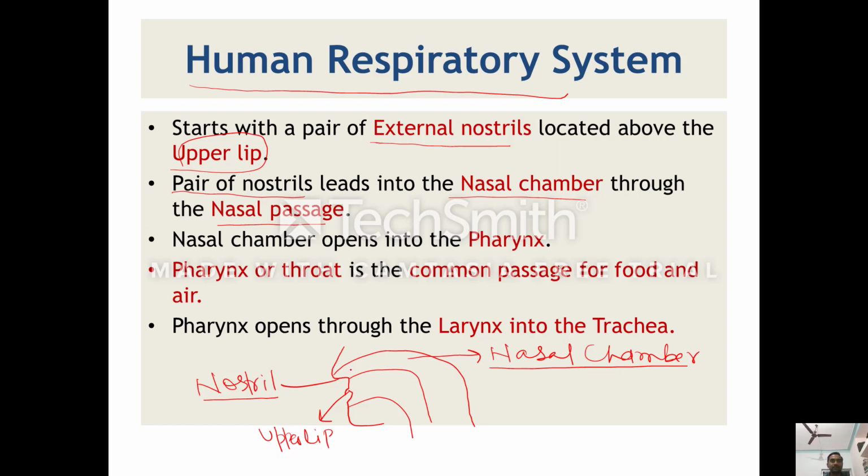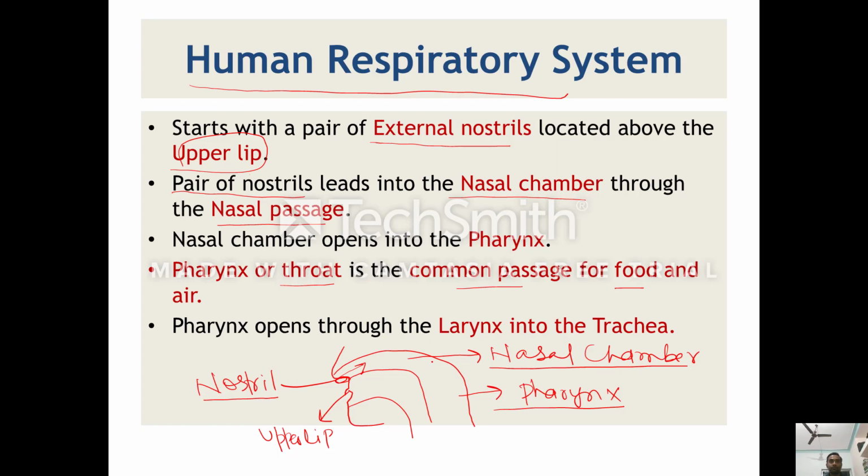The air enters from the external nostril into the nasal chamber, and here there is an opening called the nasal passage. This then enters into the next structure known as the pharynx. Pharynx is also known as the throat, and it is the common passage for food and air.